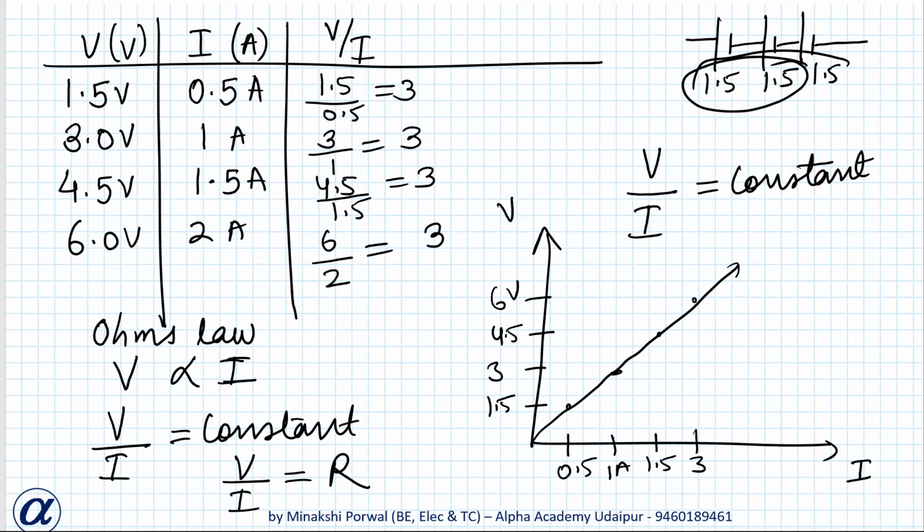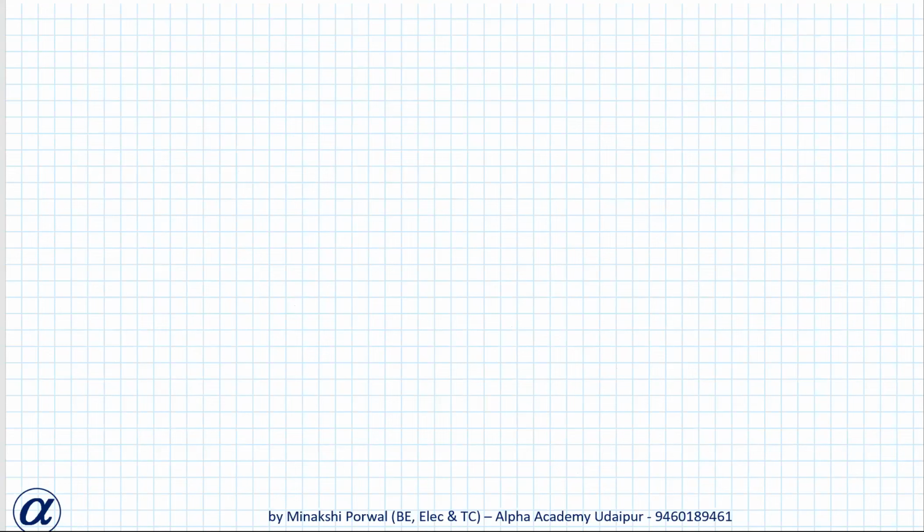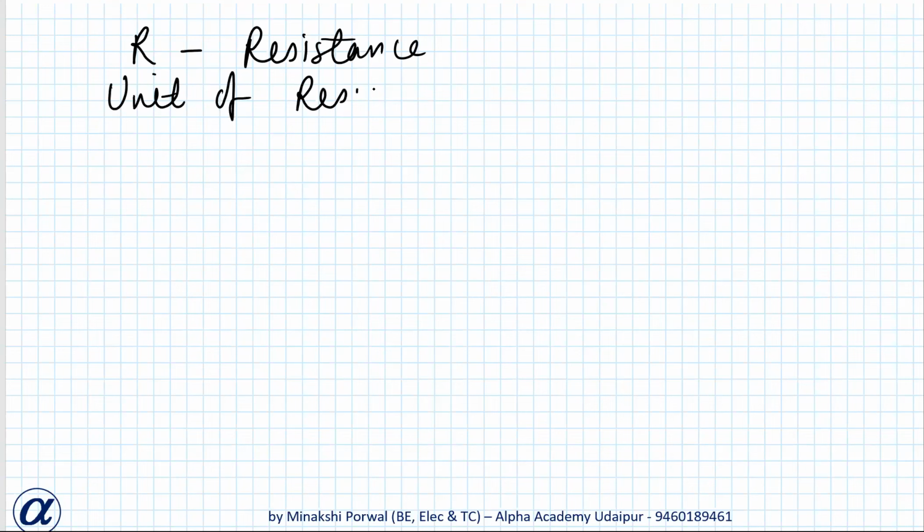Now, R is resistance. What is the unit of resistance? Ohm. Okay, unit of resistance is ohm. It is shown by this symbol.